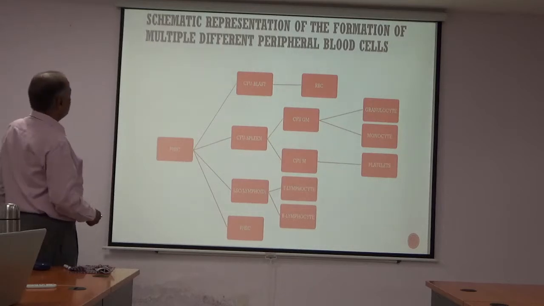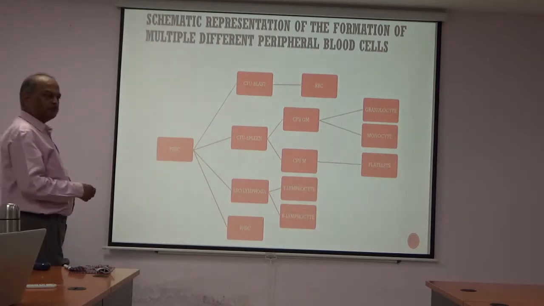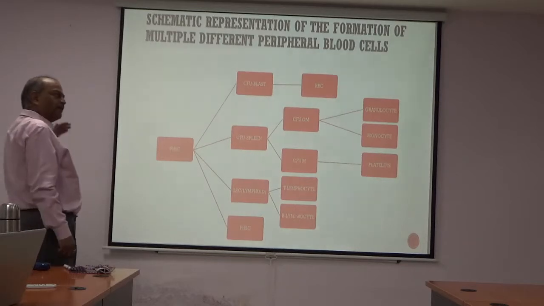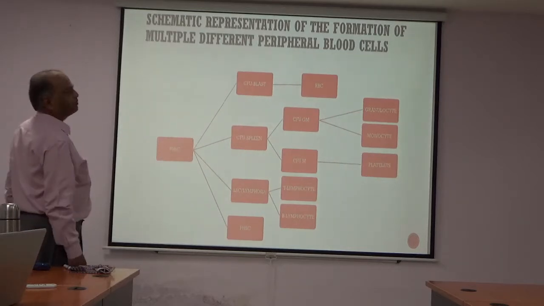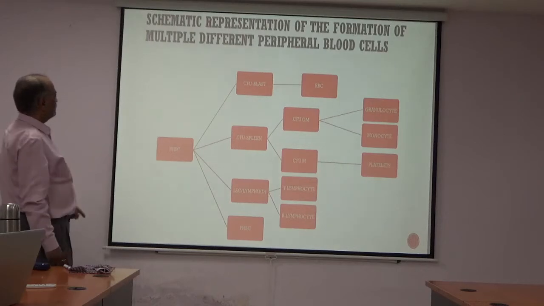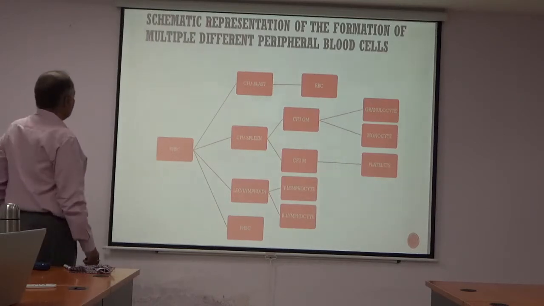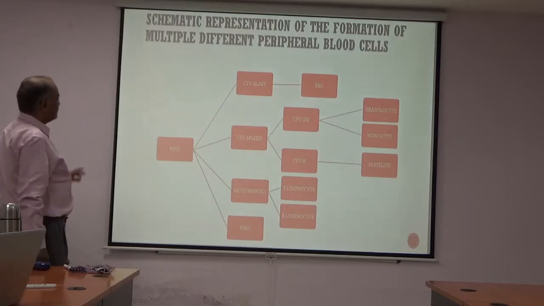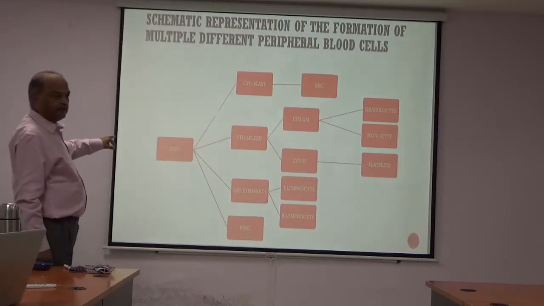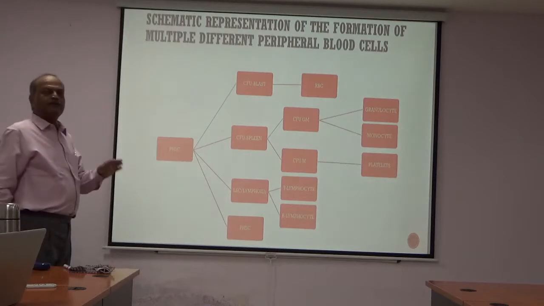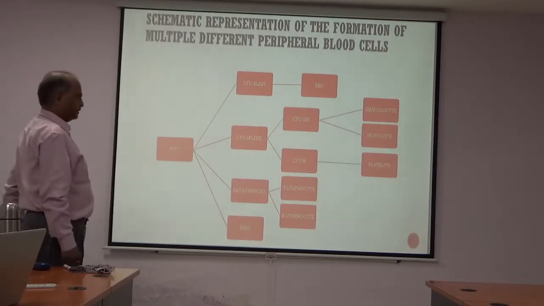This pluripotent hematopoietic stem cell, which is present in the bone marrow, is derived from its precursor, and that is the totipotent cells. Now, these totipotent cells give you this hematopoietic stem cell, and this hematopoietic stem cell is committed for the formation of all the different series of cells which we find in the blood.